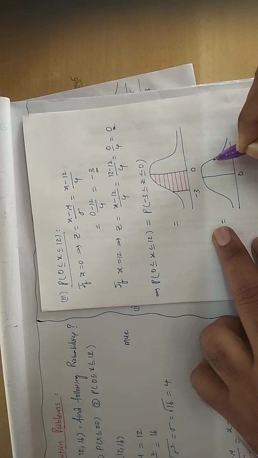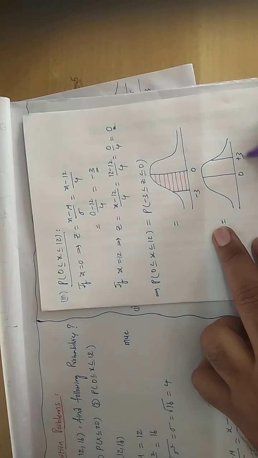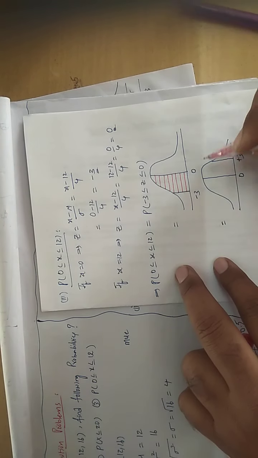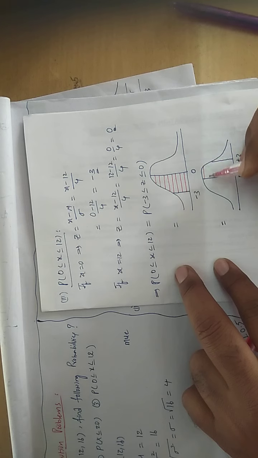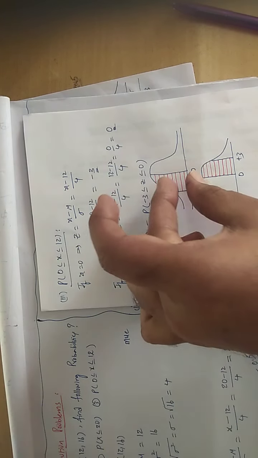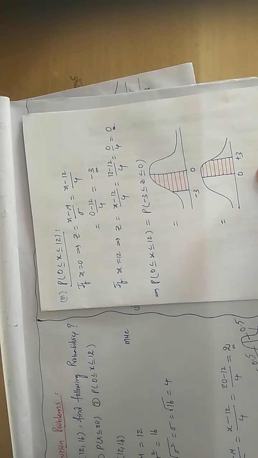This is 0. Here what you get? Minus 3. If you go to that side, it becomes plus 3. Am I right? So this area is actually required. Don't compare diagrams. Okay? You understand the logic. That means this area is equal to this area actually. But you know how to get this area.